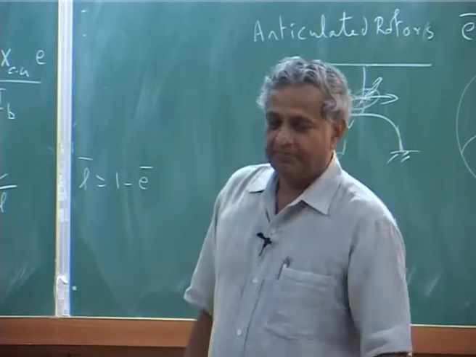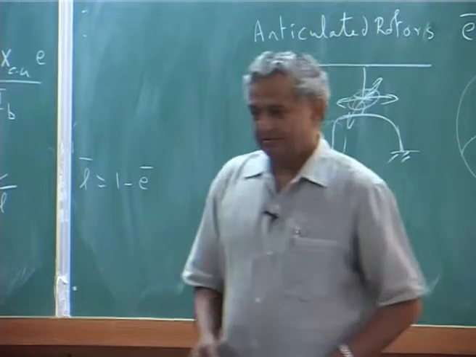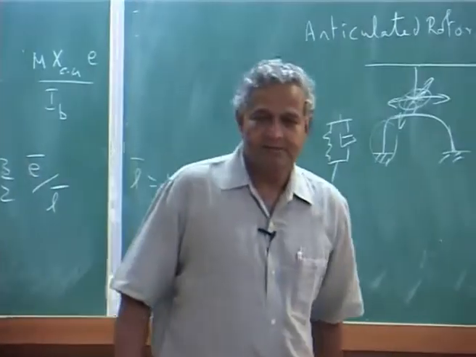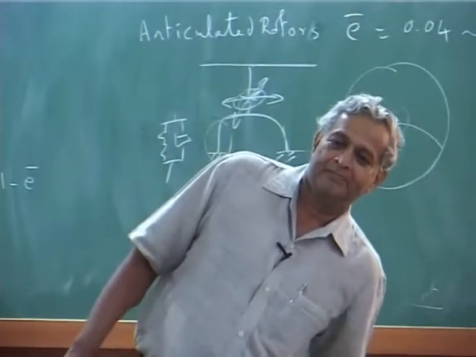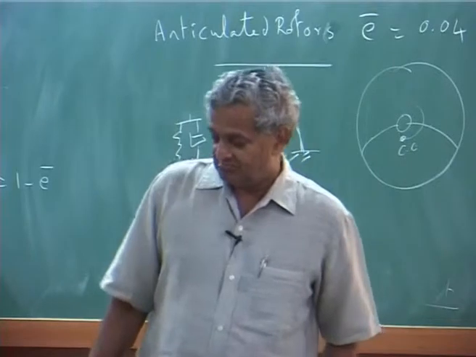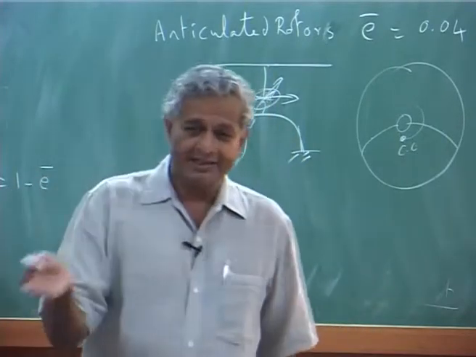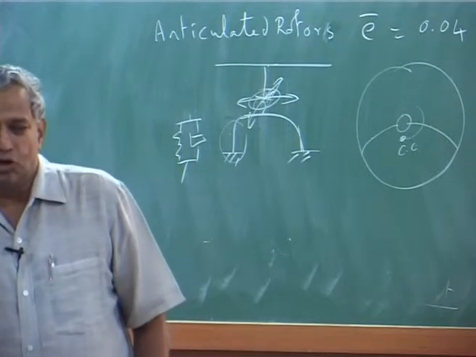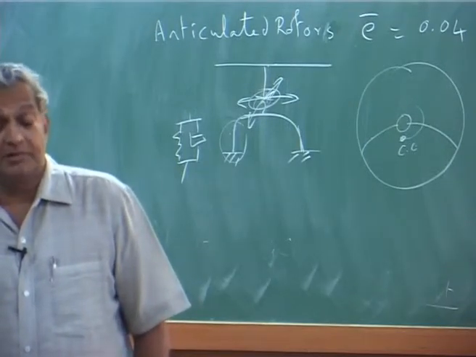So there is not much scope of weight reduction in the structure if we choose a soft in plane tail rotor. See, load here means not the mean loads, but vibratory load.